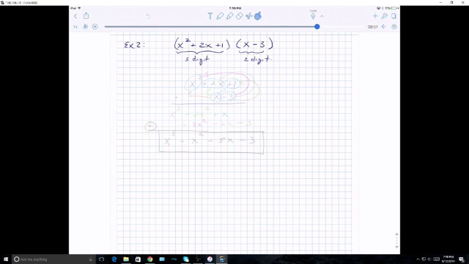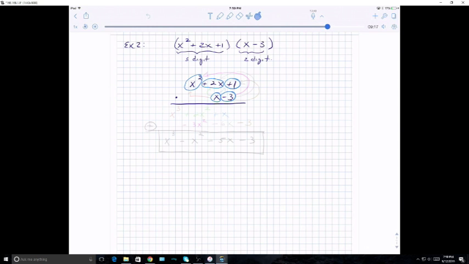So if we do this out, we can just simply say x squared plus 2x plus 1 times the quantity x minus 3. And now, maybe I should go back and just remind ourselves how we look at this. And we just circle all of the terms. And now we perform the multiplication.